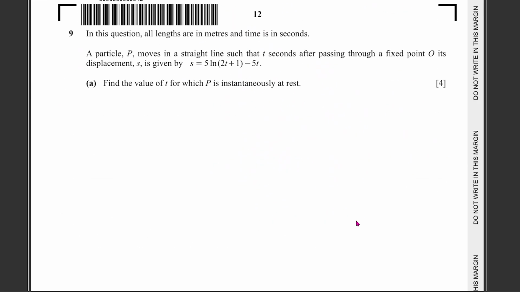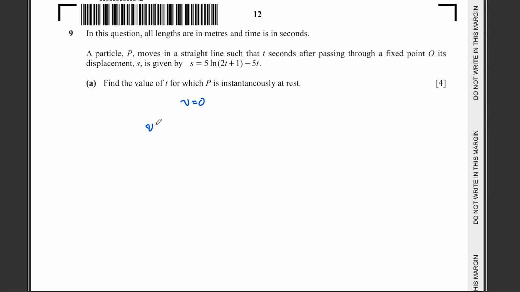Okay, question 9 is a kinematics question. So we are given that the displacement from O is given by this function. Right, so for part A, we want to find the value of t for which P is instantaneously at rest. So at rest means that the velocity is 0.